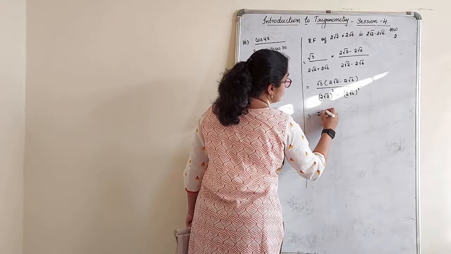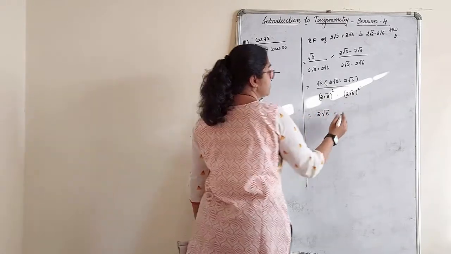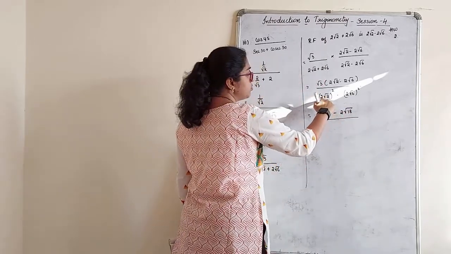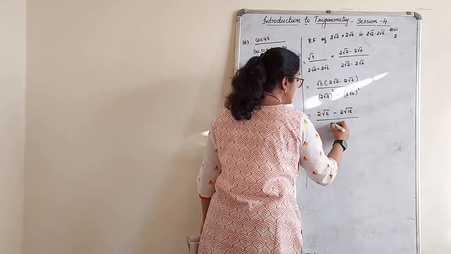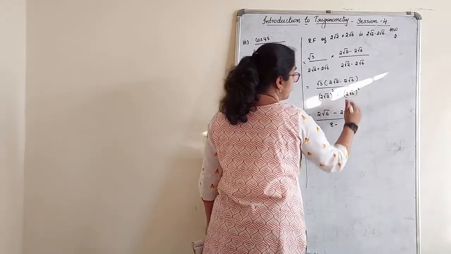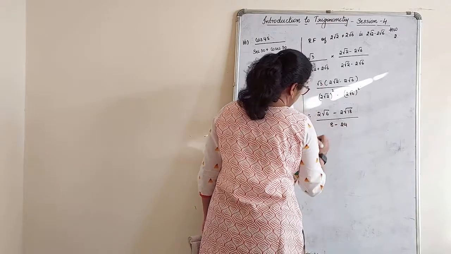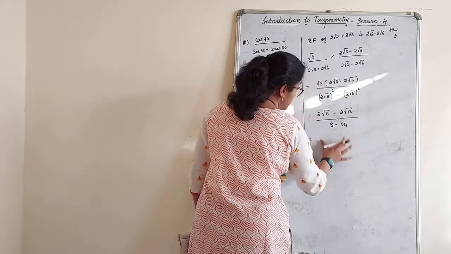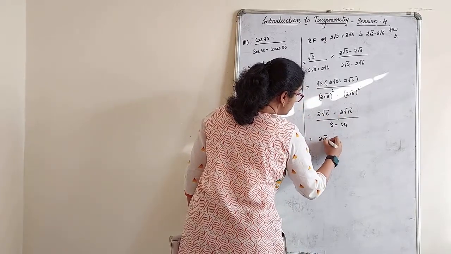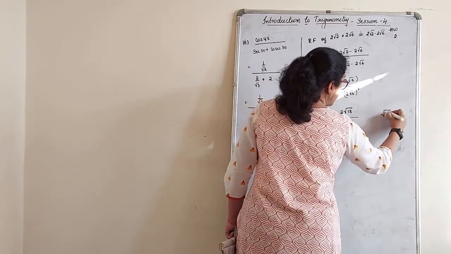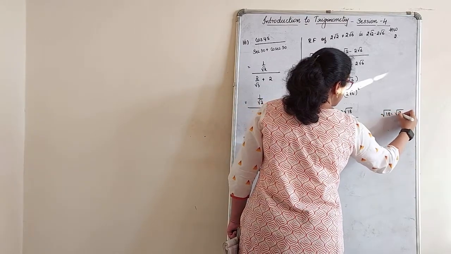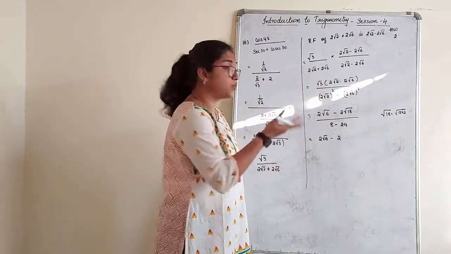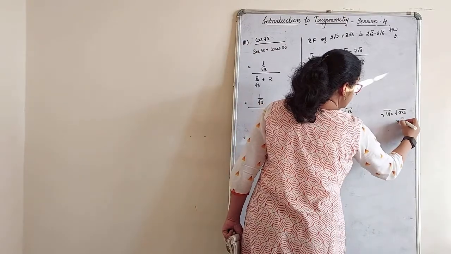So this is 2 root 6 minus 2 root 18, whole divided by 2 square 4, 4 twos are 8, minus 2 square 4, 4 sixes are 24. I'll take 2 common here, or we'll take it in the next step, because we'll first simplify root 18. 2 root 6 minus 2 root 18. Root 18 can be written as 9 twos. 6 threes is also 18, but always try to write in terms of a perfect square so that we can bring it out, which is nothing but 3 root 2.